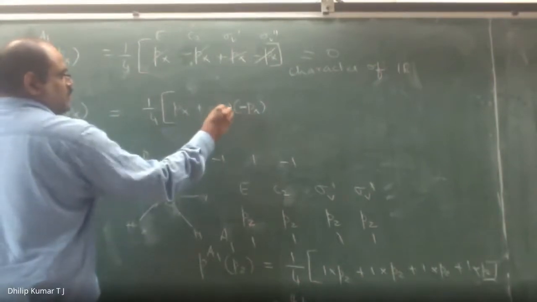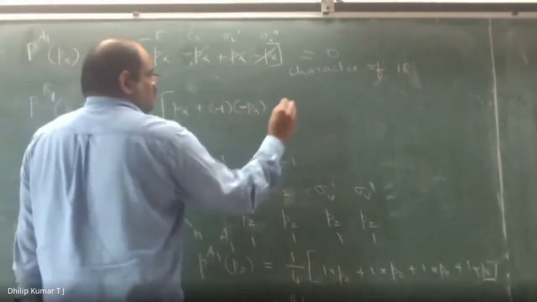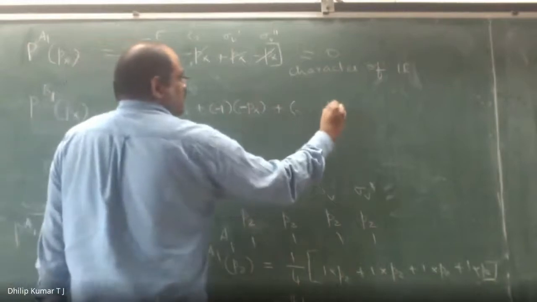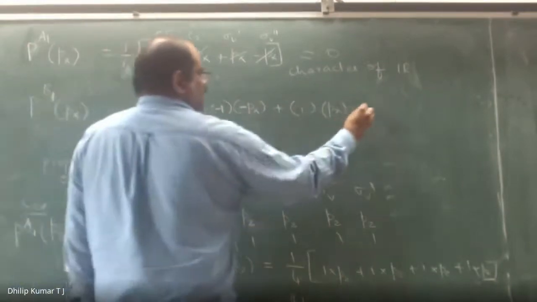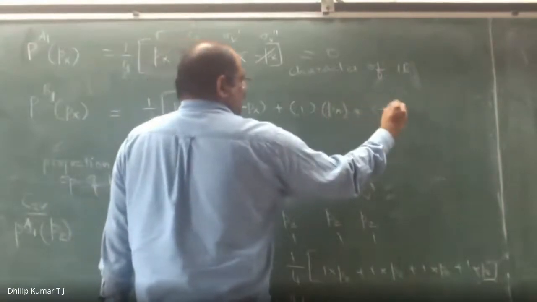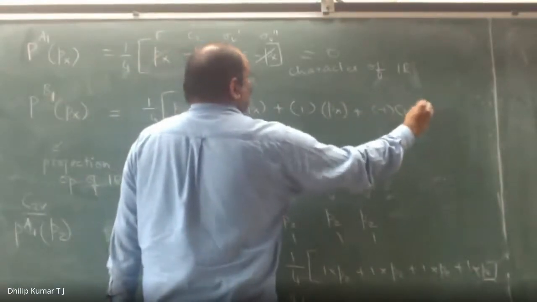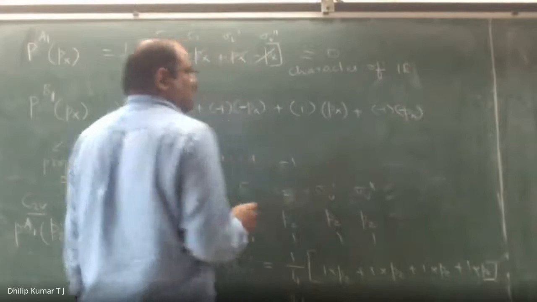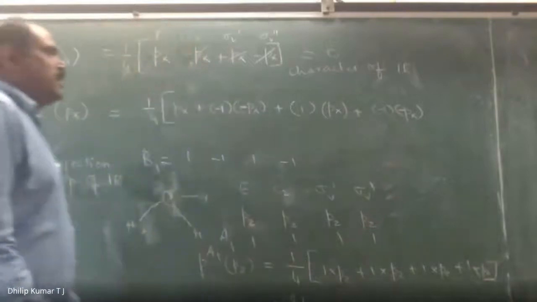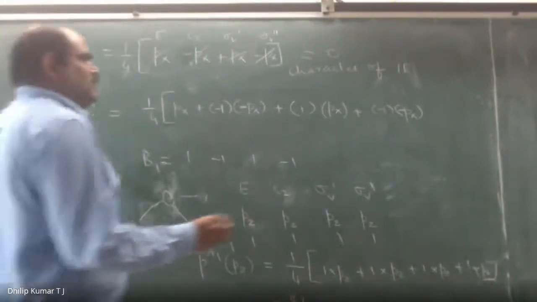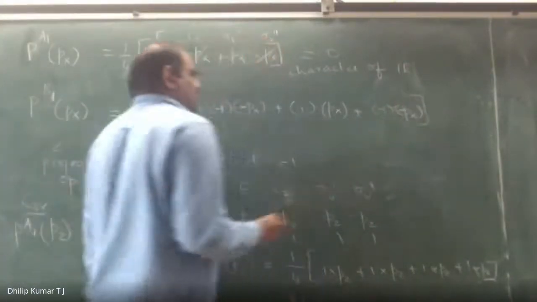Again, the third is px. Here it is 1, plus minus 1 of minus px. Last, in sigma v double prime, px becomes negative, so you can cancel it out.